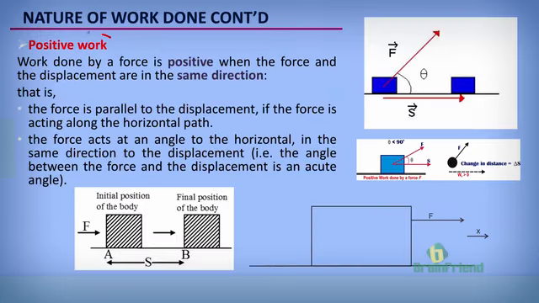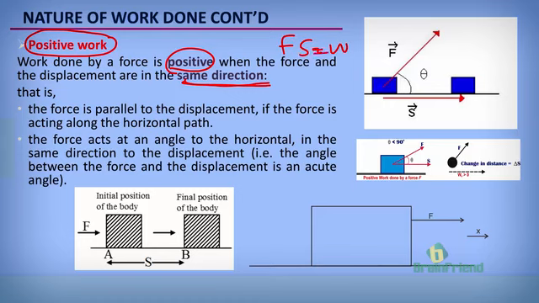Now, let's look at positive work. Work done by a force is positive when the force and the displacement are in the same direction. You must take note of this, same direction. Remember the two parameters involved in work done: force and displacement.